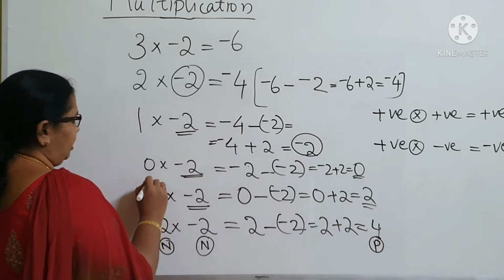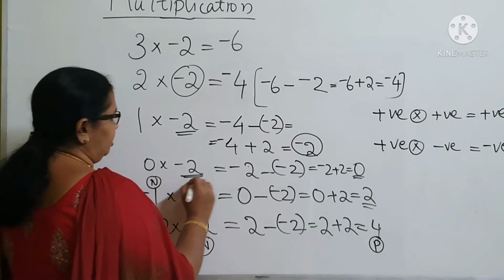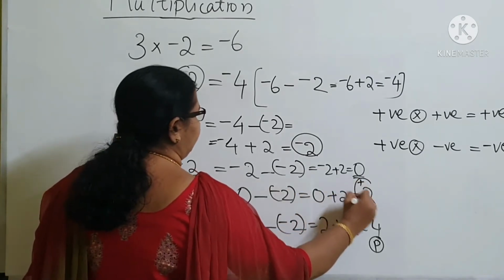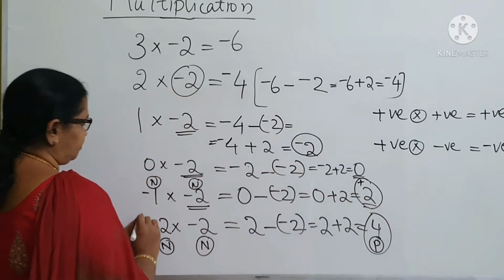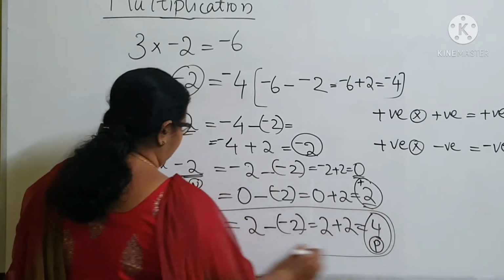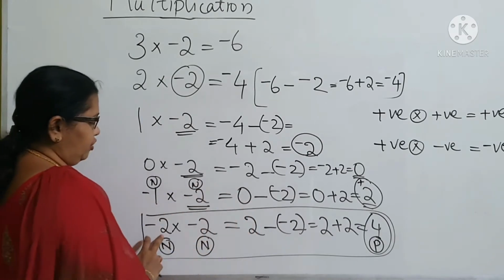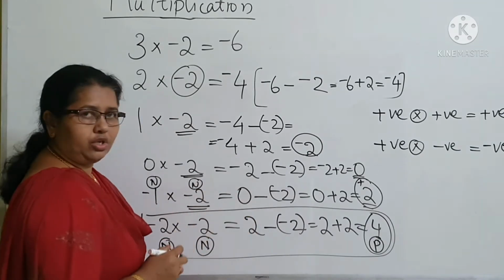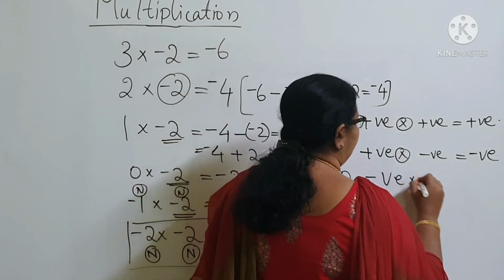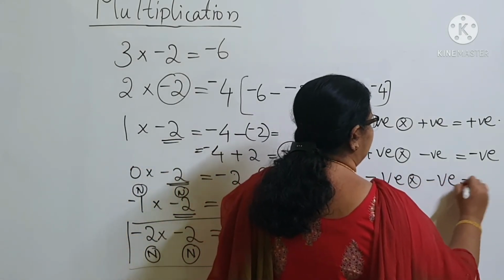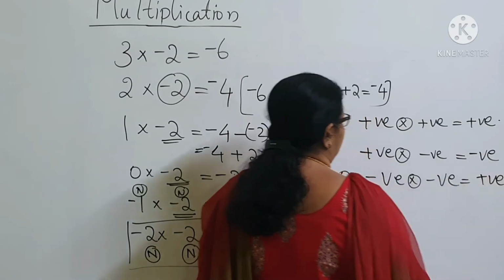Here also negative, negative, positive. The product is positive. In this case also the product is positive. Negative 2 into negative 2 is positive 4. That is, the rule is negative into negative is equal to positive.